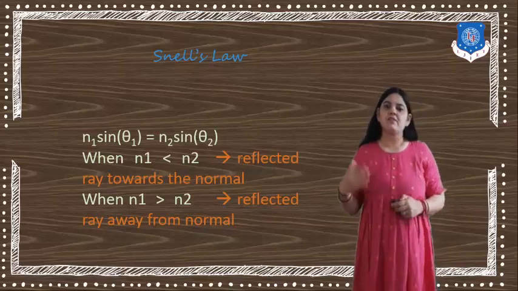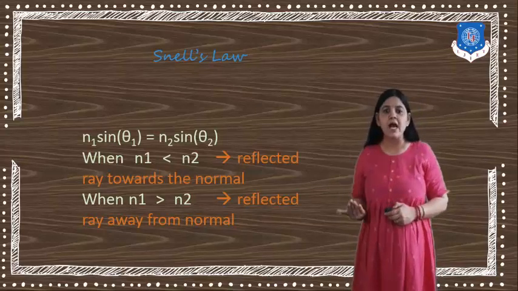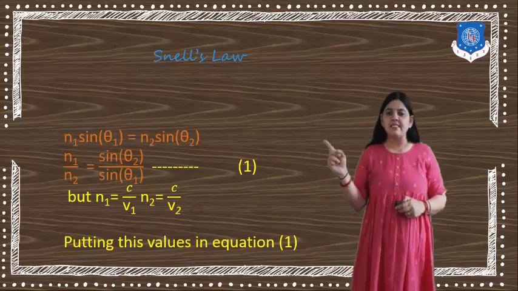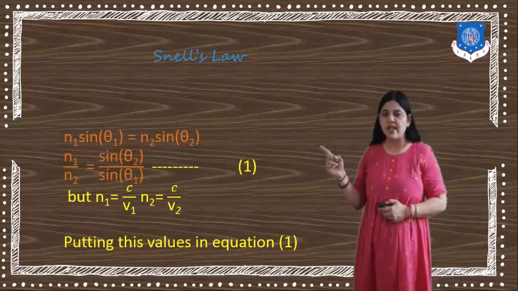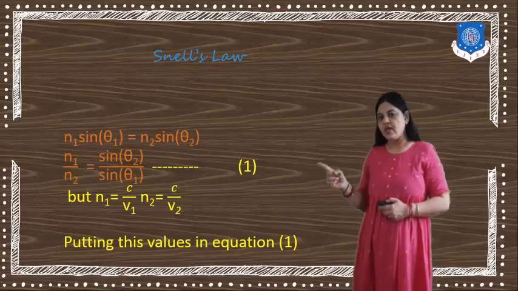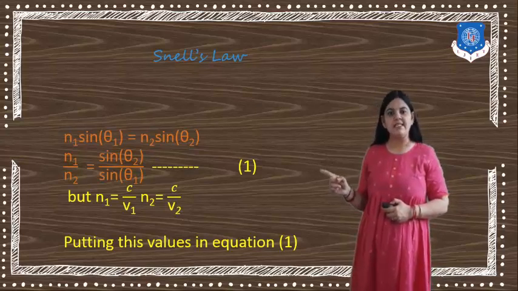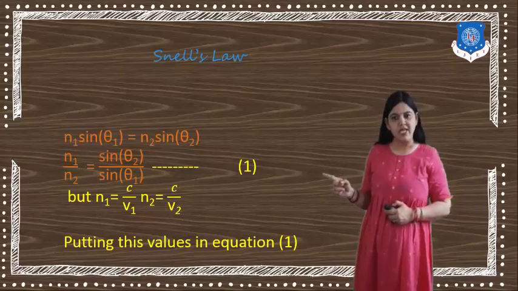This way Snell's law gives the idea about it. So N1 sin theta 1 is equal to N2 sin theta 2, so N1 divided by N2 is equal to sin theta 2 upon sin theta 1.